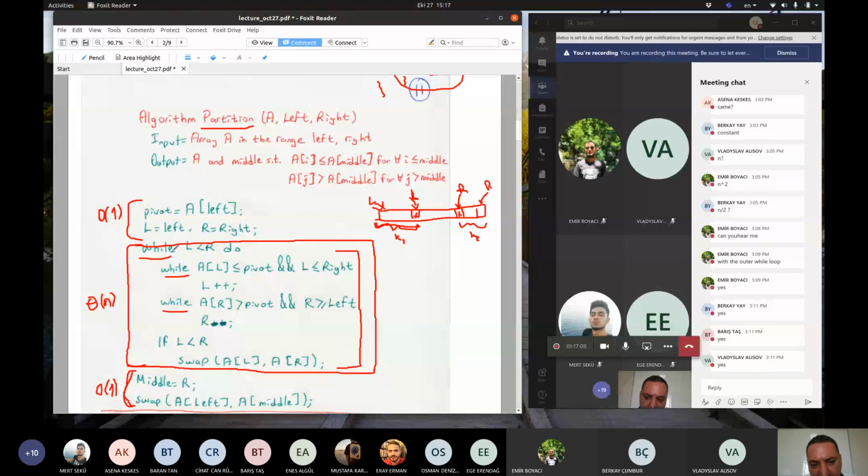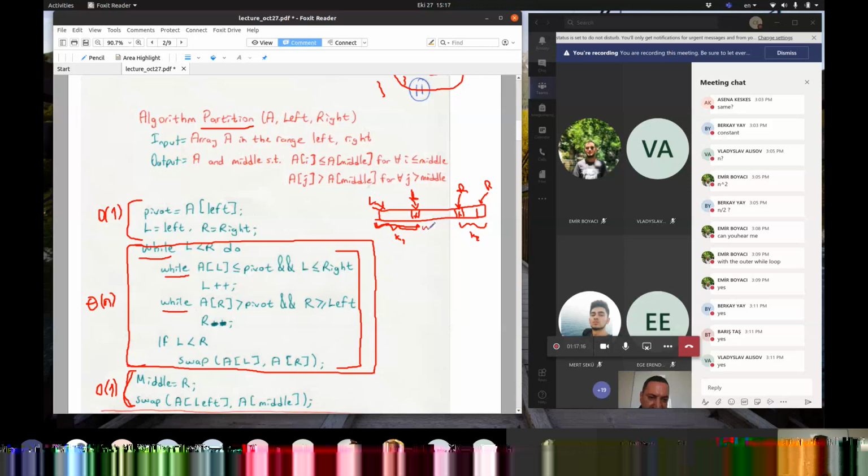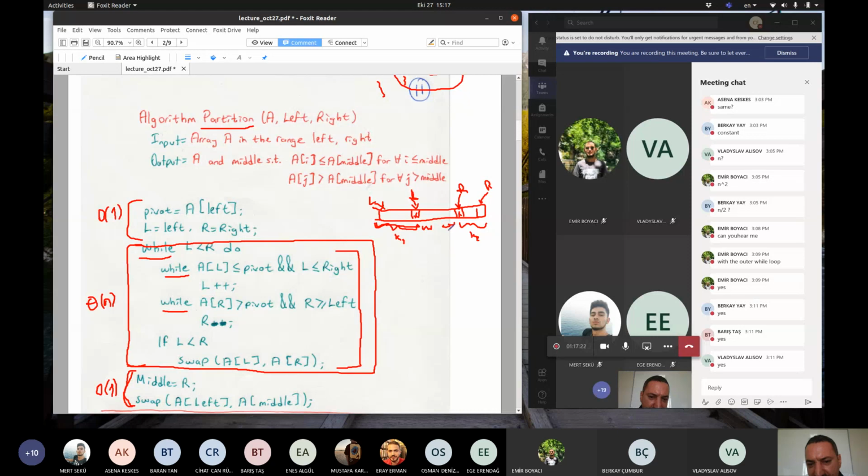And we come back to the outer while loop, we repeat the same thing. So L will move left, R will move right, and then we will spend however many elements we have seen here and however many elements we have seen here, and then we will add these to our running time.